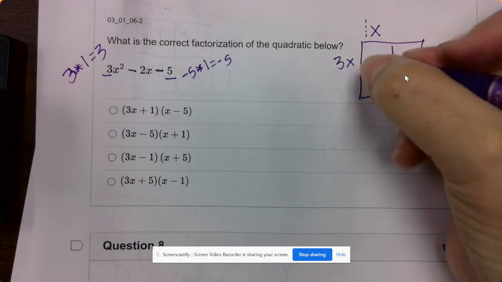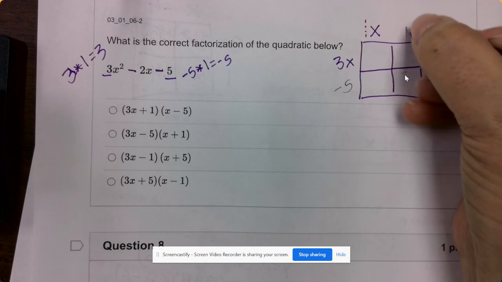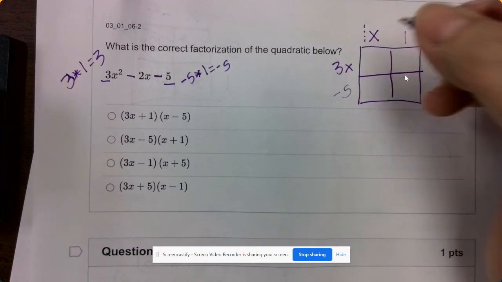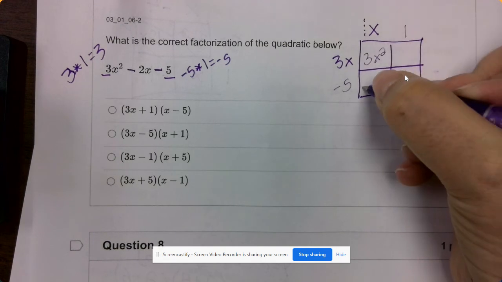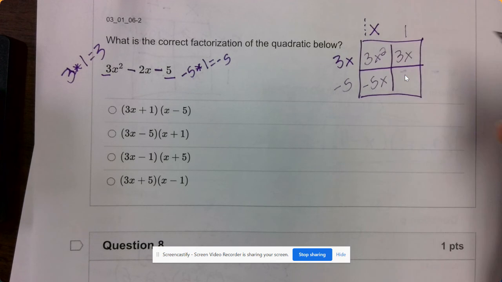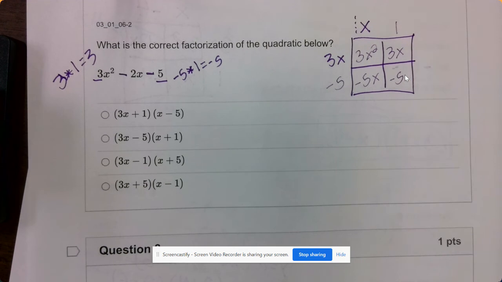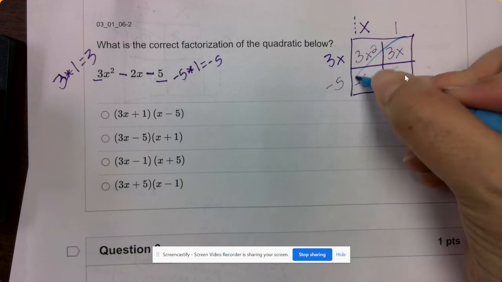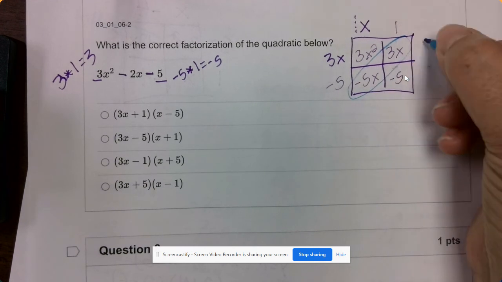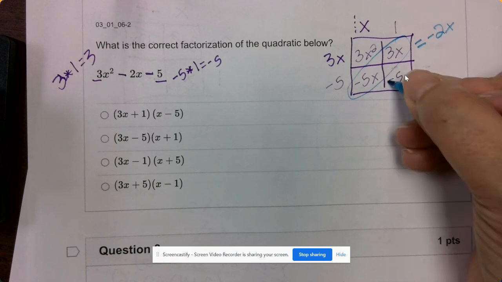If I get -5 here, and I put 1 right here, that would give me 3x squared. x times -5 would give me -5x. 1 times 3x would give me 3x. 1 times -5. Oh, that looks like it's going to work. Yeah, because -5x plus 3x, everybody, we combine the like terms, that would equal -2x. And this gives us our -5. So everybody remember a, b, c. Okay, so that does work.